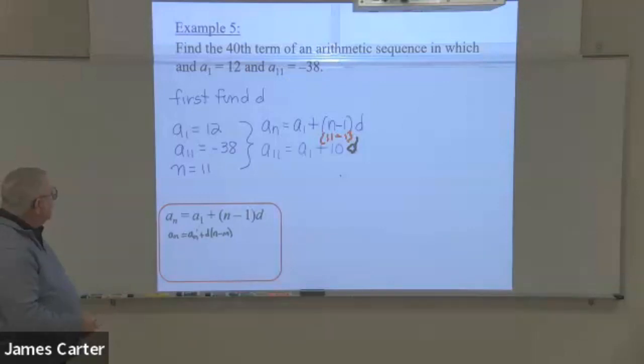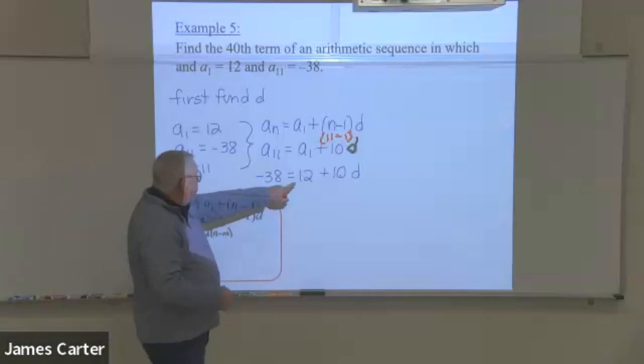Okay. To find the 11th term, we're going to put in the first term, the 11th number for that term, 11 minus 1 is 10, times d, our common difference. We know that the 11th term is negative 38. Okay.